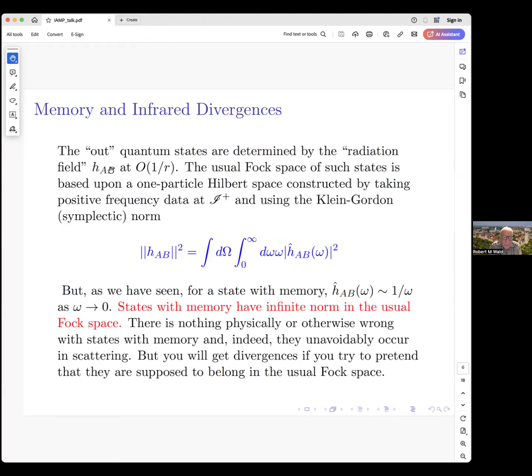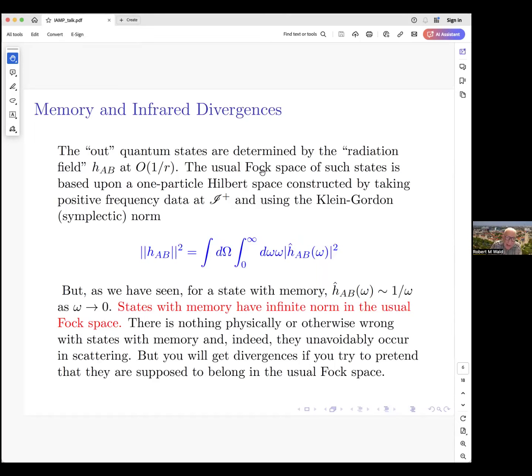So if we're now looking at radiation in the quantum theory, and we want to look at the quantum state corresponding to a classical solution with memory, a one particle state or maybe a coherent state or something like that?